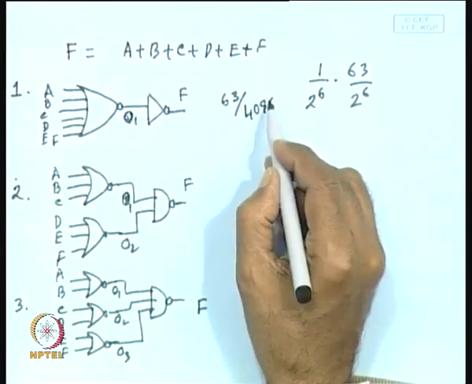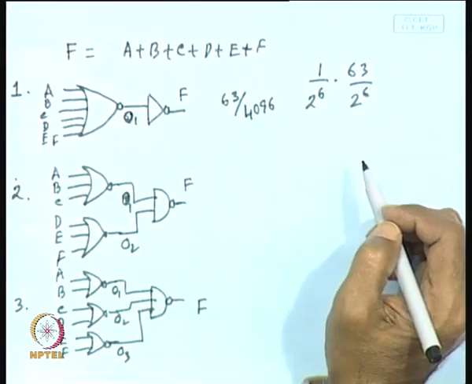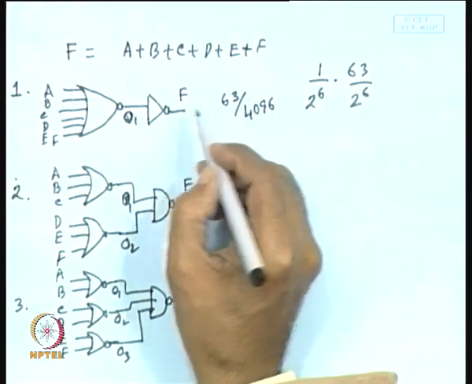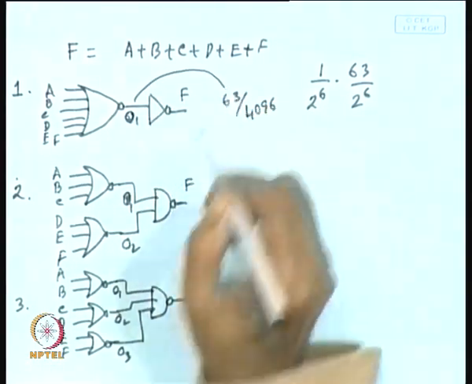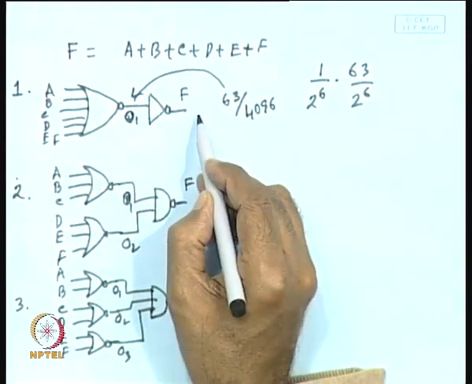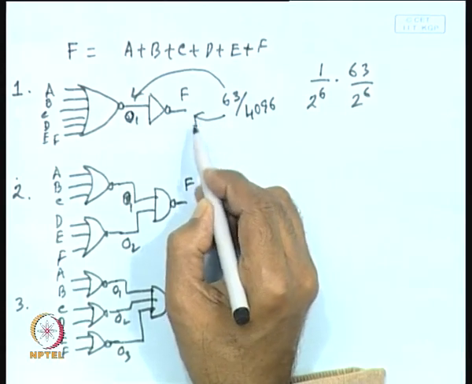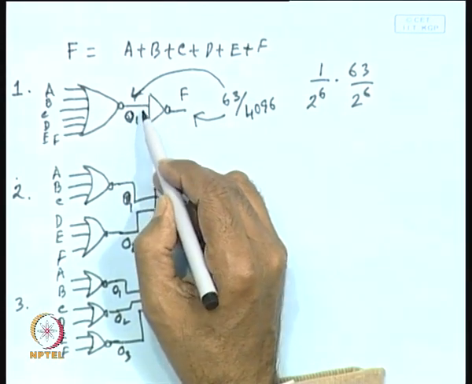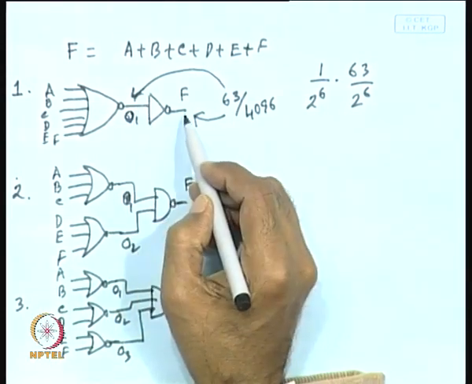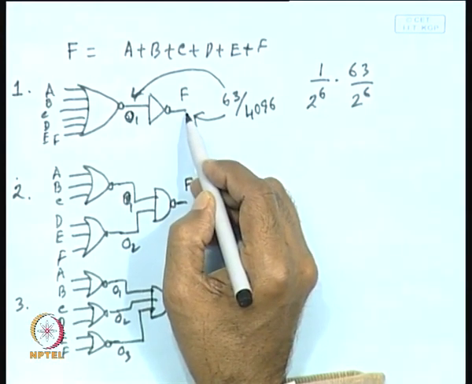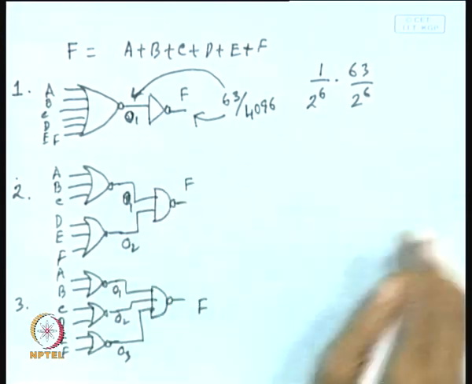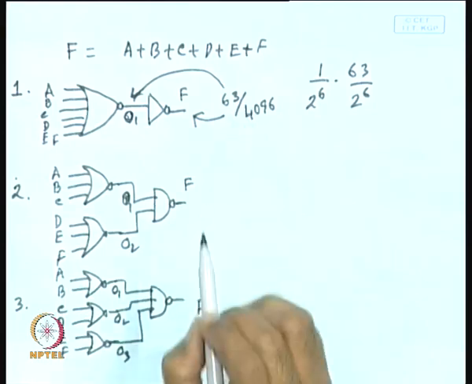So, that gives you 63 by 4096. So, that will be the switching activity here, and the same switching activity will be taking place here as well, because the number of transitions that will occur at this point will be same as the number of transitions that will occur at this point, because this is a simple inverter. So, this is the switching activity.